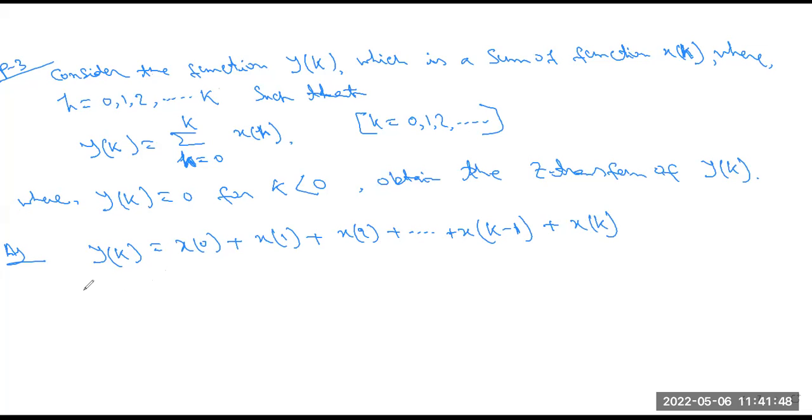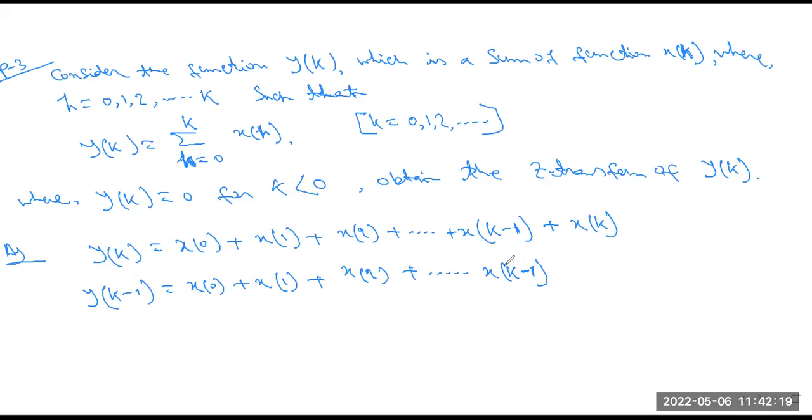Yes, sir. Another one, y of k minus 1, the function is also x of 0, then x of 1 plus x of 2 plus and so on up to x of k minus 1, because here the limit is k minus 1.